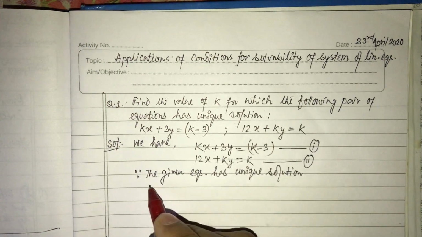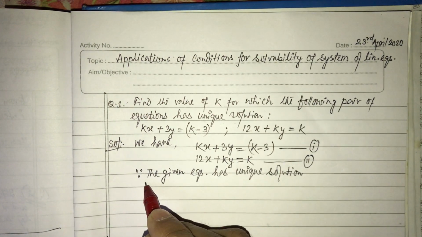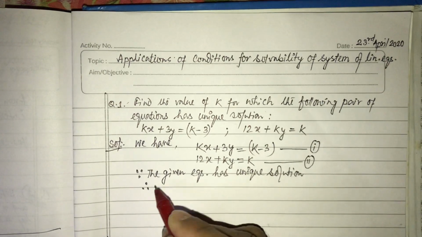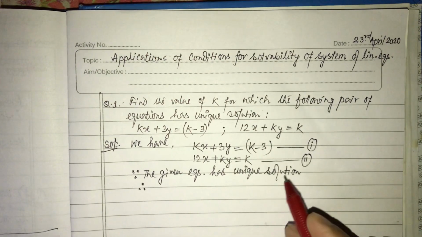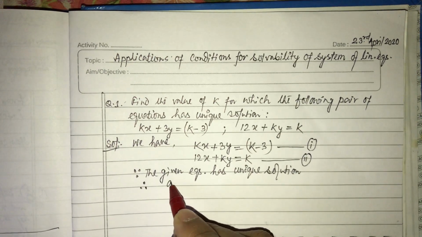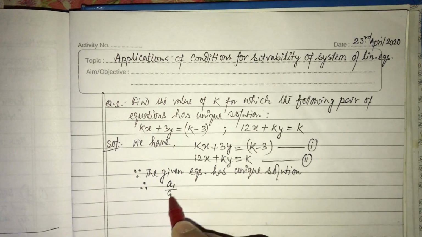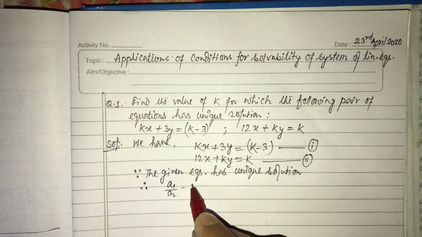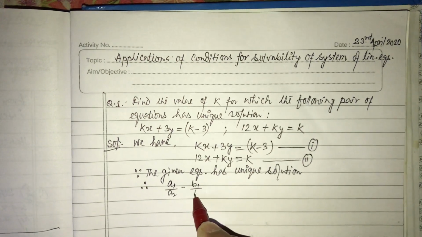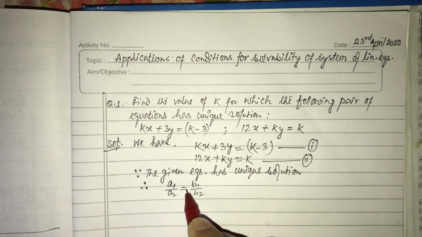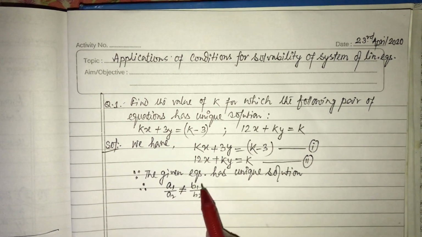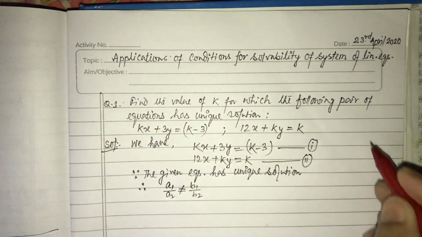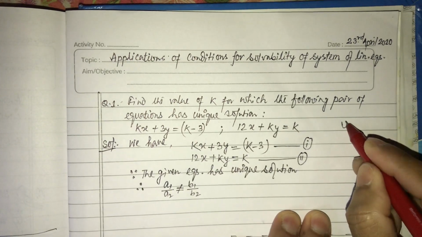Unique solution, therefore we will make use of the condition we learned yesterday. For unique solution, it was a1 divided by a2 is not equal to b1 divided by b2.